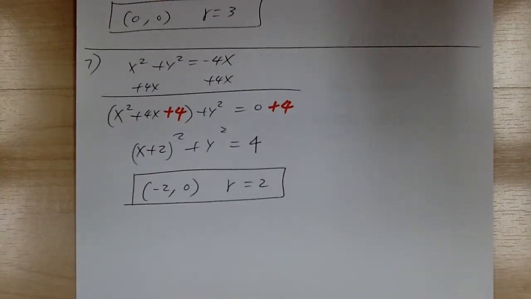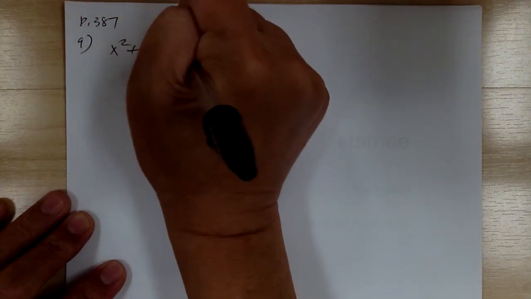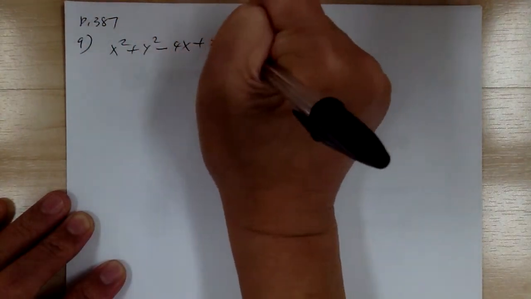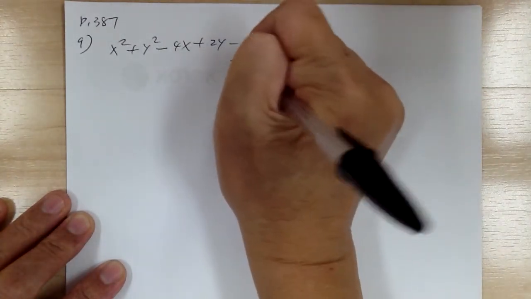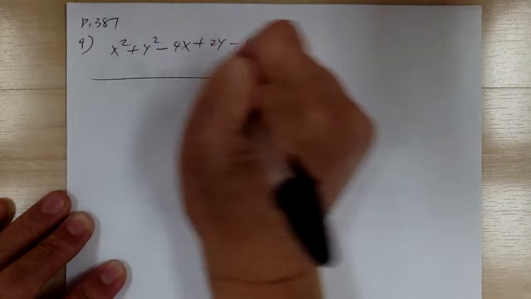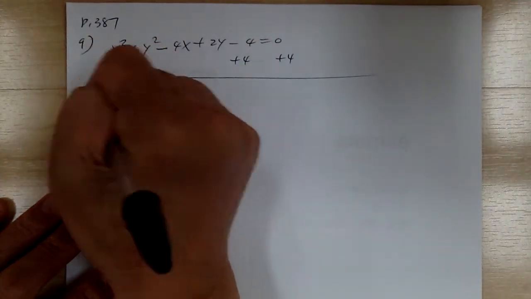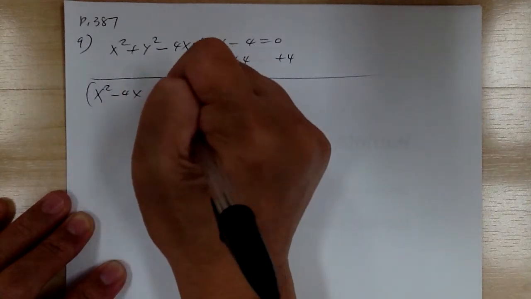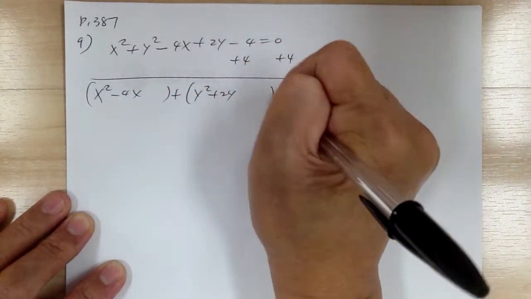Okay, let's go to the next one. You have x² + y² − 4x + 2y − 4 = 0. First, move this number over, so add 4 on both sides, and group your x and the y. So you get x² − 4x, leave a space, then you have y² + 2y, leave a space.